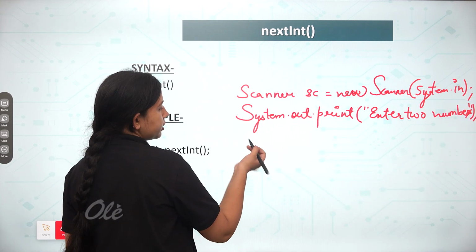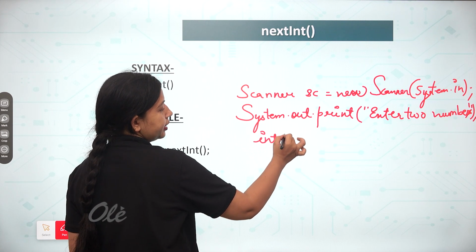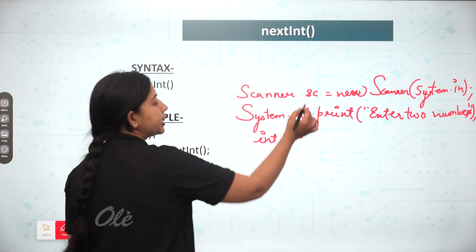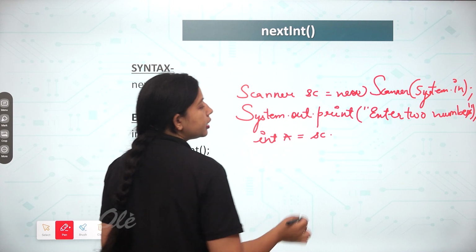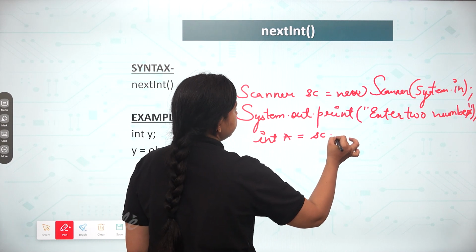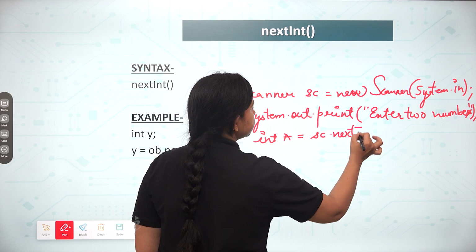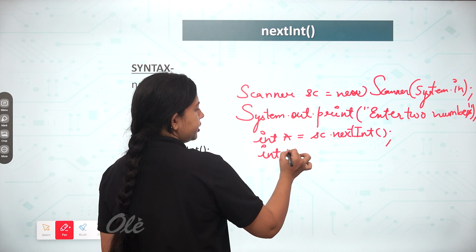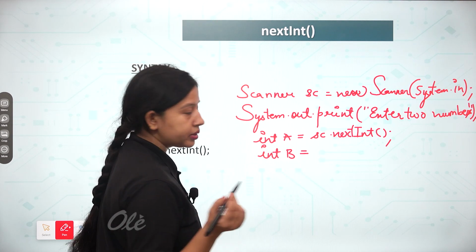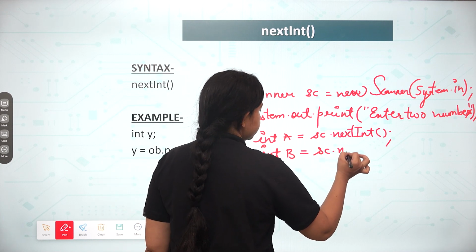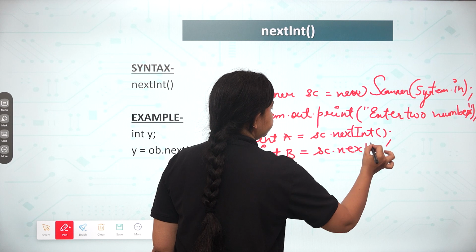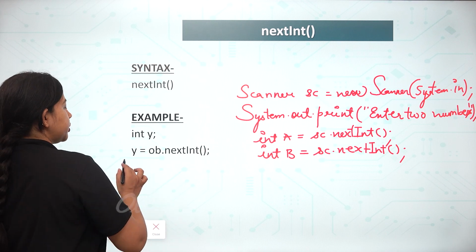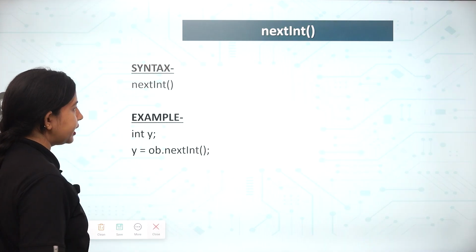Clear? So I am taking the first integer number, so I'll write int a. How is it going to store that value? With the help of the object of the scanner class, sc followed by dot, the method which is going to be used is nextInt. For the second, int b, because we are asking for two numbers. Alright, b equals sc.nextInt. Is it clear? I believe the code is clear for nextInt. Moving on to the next one.